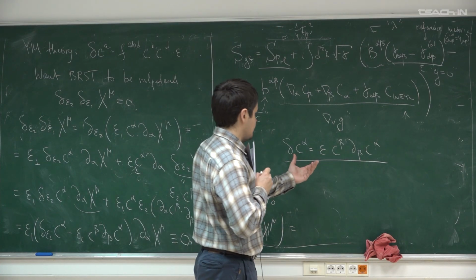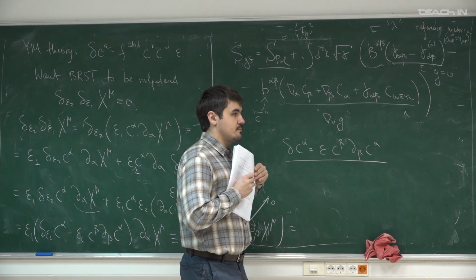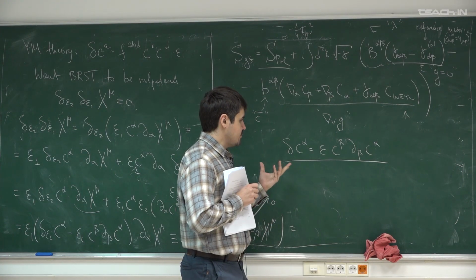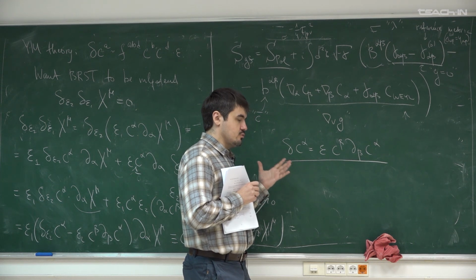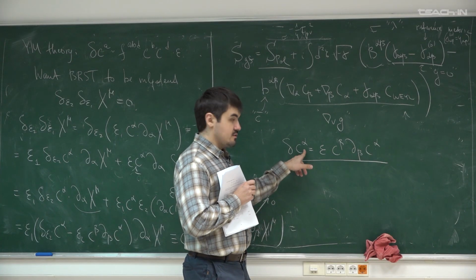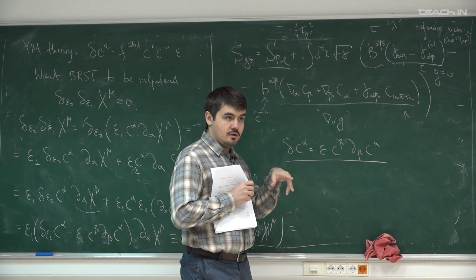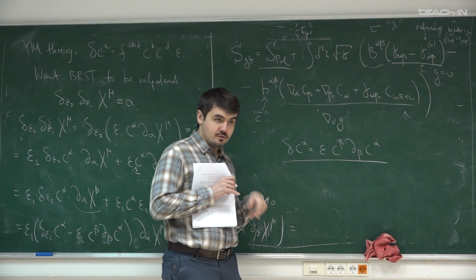And you see, since C is a vector field, the BRST variation of all variables, as we discussed, looks like the action of the gauge group on this variable. So if C is a vector field, it's acted upon by diffeomorphisms via commutator with the vector field.